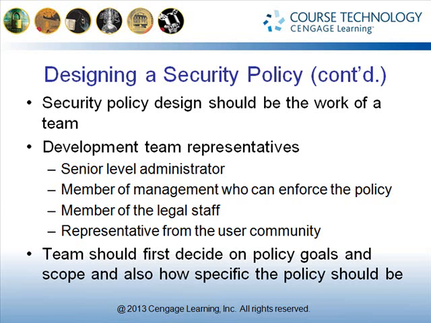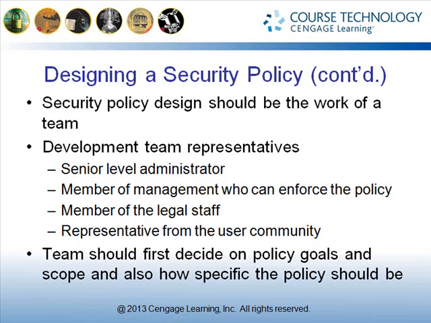Who should be on the team? Well, that's going to vary by organization, but ideally, the team should have a senior level administrator, management staff who can enforce the policy, the legal staff, and representatives from the user community. And the team needs to first decide the scope and goals of the policy.